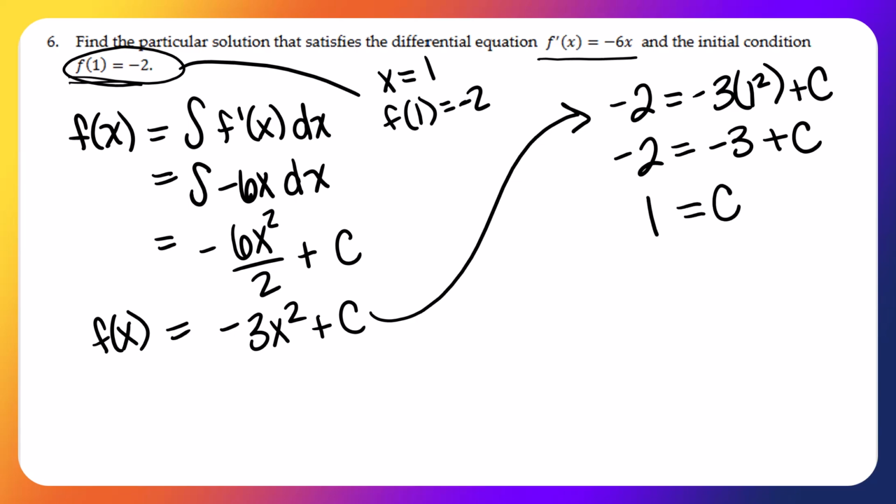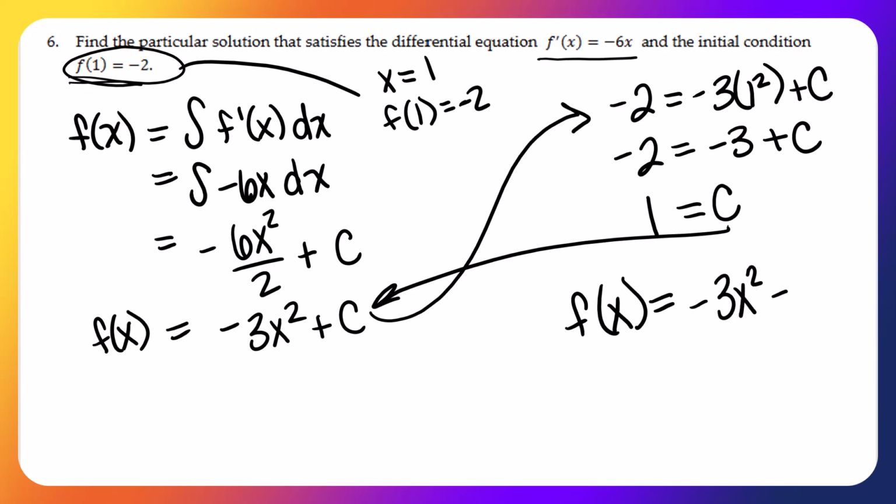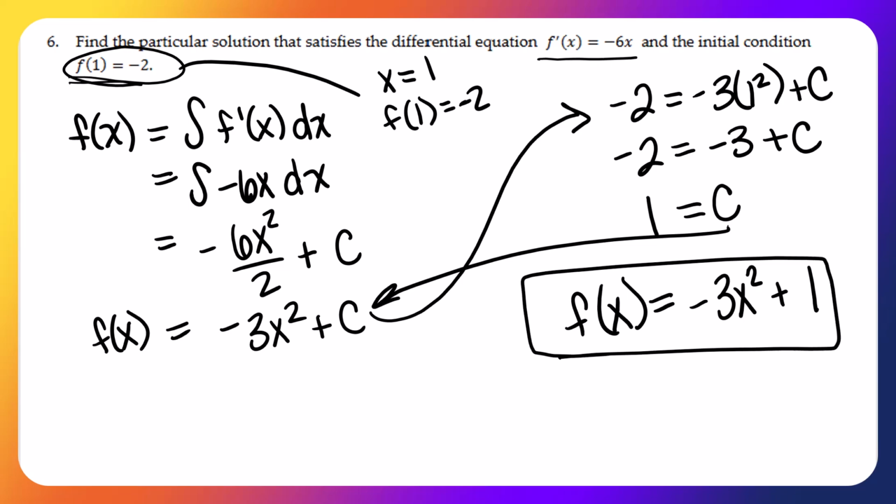So I have a positive 1 for c. So that lets me then plug that c value back into my equation for f of x to come up with my particular solution. So instead of just that generic constant of integration, I know for this, my constant of integration should be equal to 1.